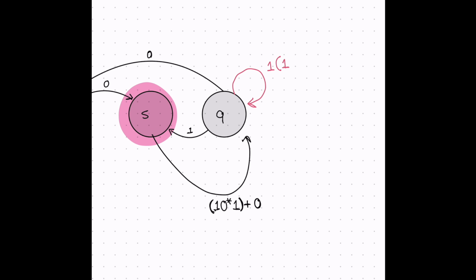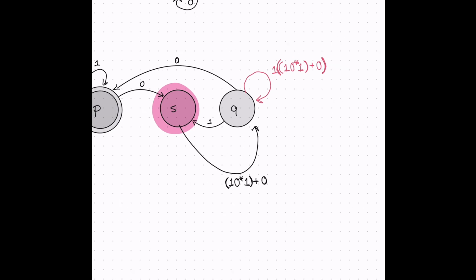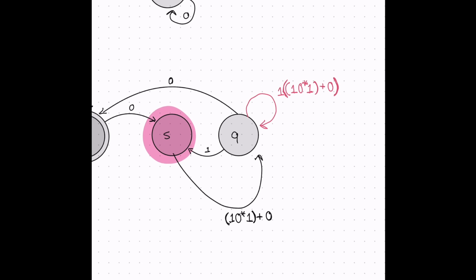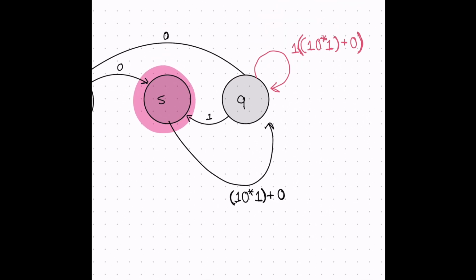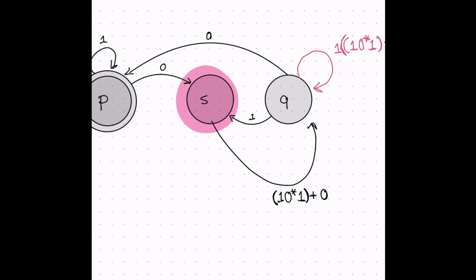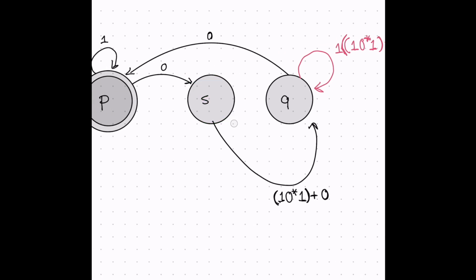So you have 1, parentheses, 1, 0 closure, 1, or 0, and I'm going to put that back in parentheses. There, so now it's a little clearer. You have to have the 1, and then it has to be followed by this to get back to Q. So with that, we can get rid of this little transition here.